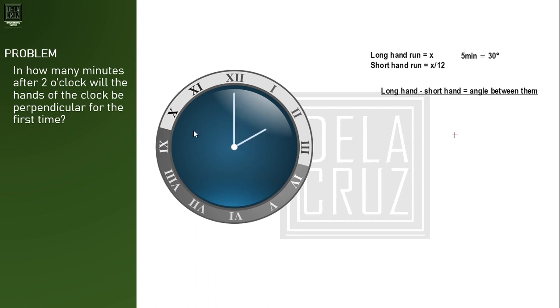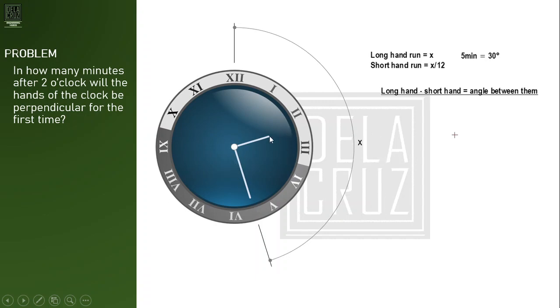Yung technique natin dito is to base at the 12 point, at the 12 mark. So, magbe-base tayo always diyan. Or actually, it depends on you, paano niyo siya gagawin. But ako, I will be basing at the 12 mark. Now, as you can see, from the 12 mark, ito yung run ng ating long hand. Okay? Then, tatawagin natin siyang x.